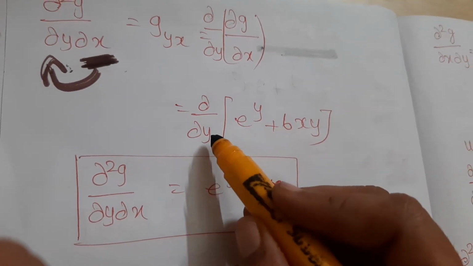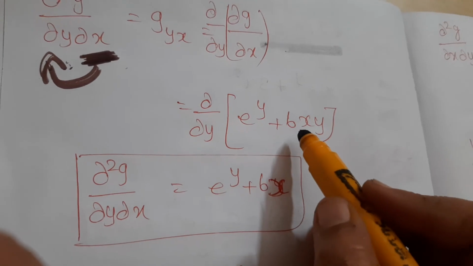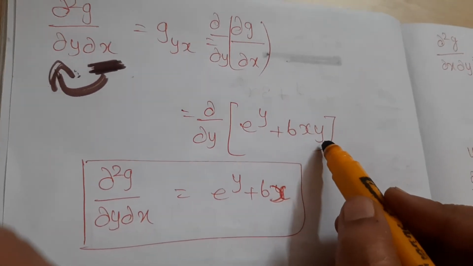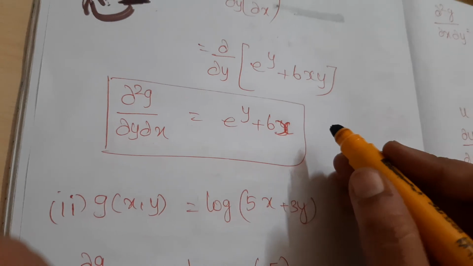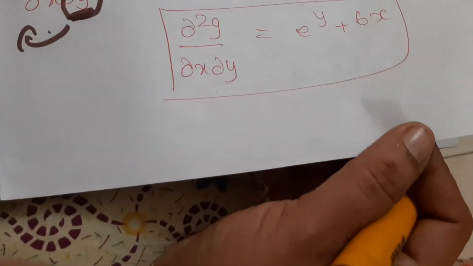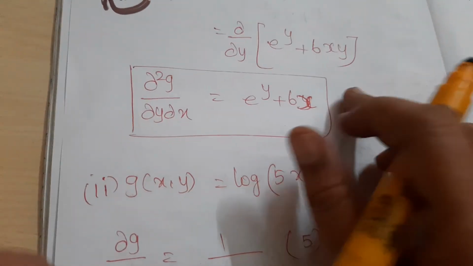The differentiation of e power y with respect to y is e power y, plus the differentiation of 6xy with respect to y means 6x, because the differentiation of y will be 1. Therefore e power y plus 6x will be the answer. By looking at dou square g by dou y dou x and dou square g by dou x dou y, just look at the answer. Both the answers are equal.